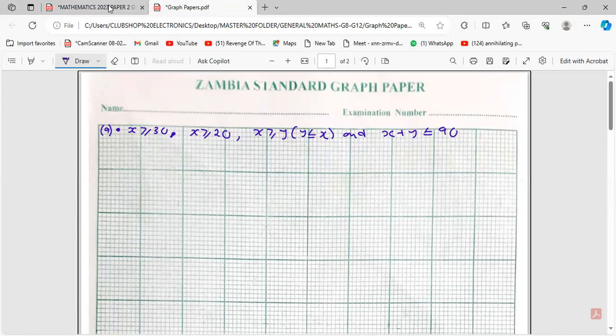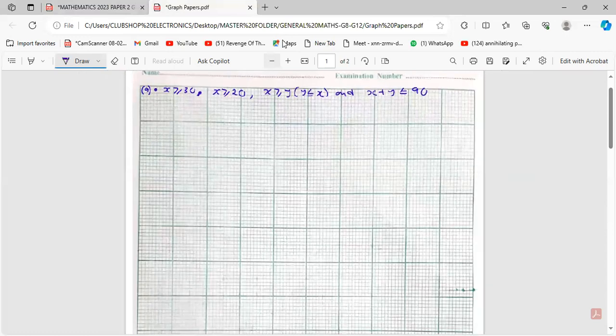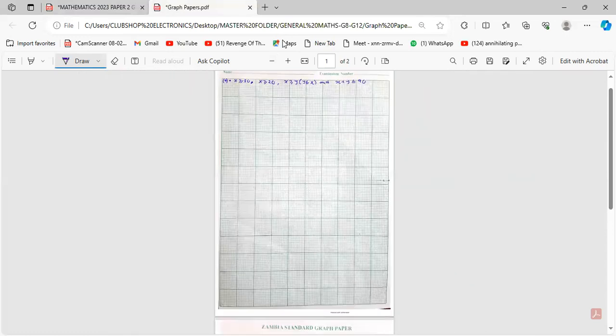So we're going to do this. You can get your ruler and draw a line. I'm just using a freehand.